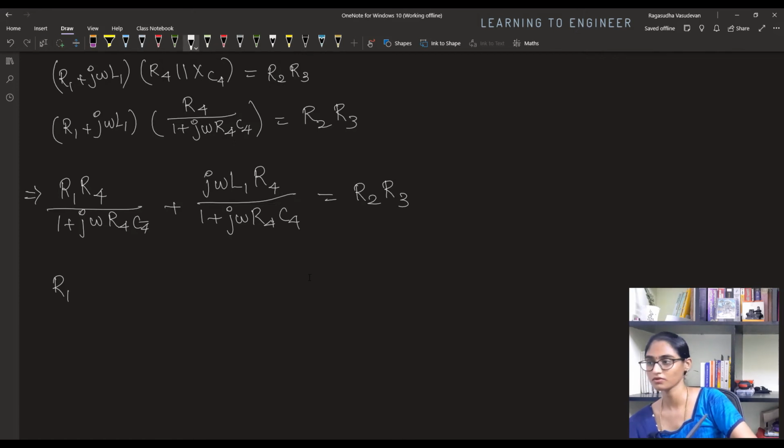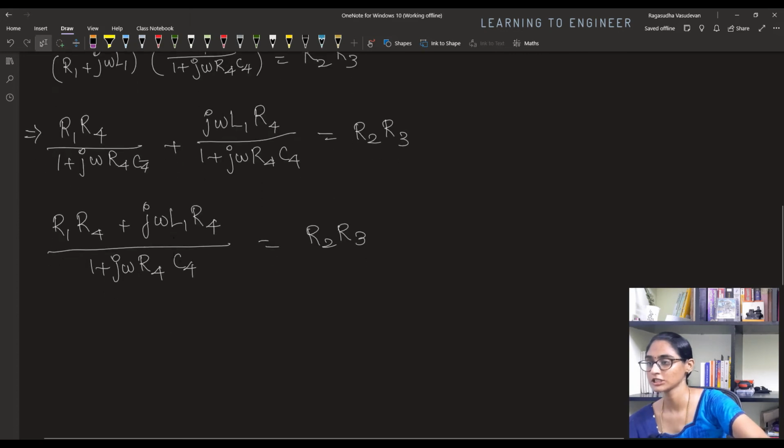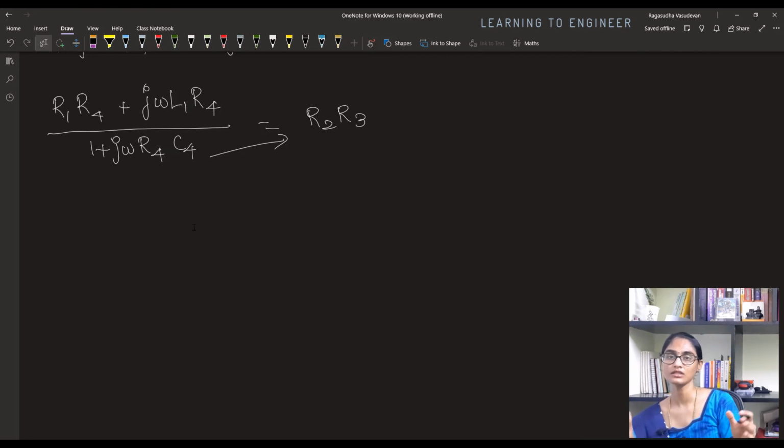We can just club both of them and write R1 plus j omega L1, times R4, divided by 1 plus j omega R4 C4, equal to R2 multiplied by R3. We can cross multiply like this and then separate the real and imaginary terms. Then it's going to be child's play for us.